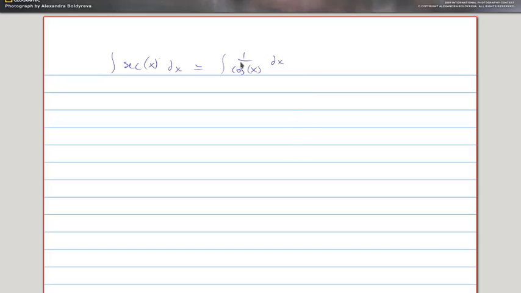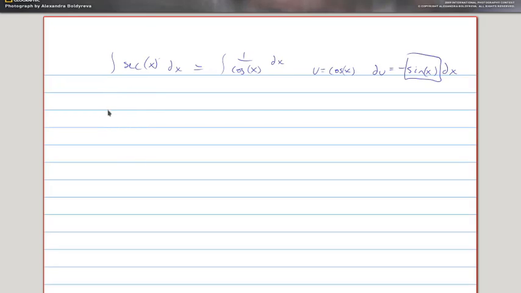Well, not much we could do here from a u sub standpoint. If we said u was cosine of x, we would need a negative sine of x, or at least a sine of x, in there somewhere, because that's what our du needs, but we don't have that. So what else could we try? I can't think of anything.